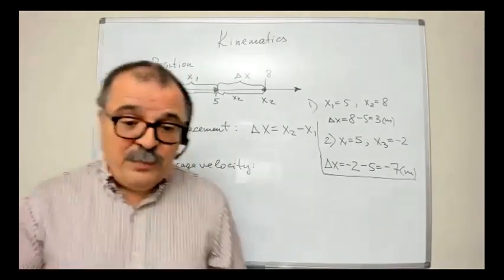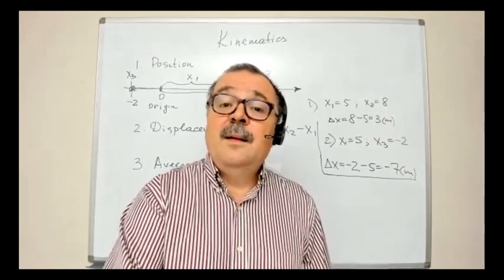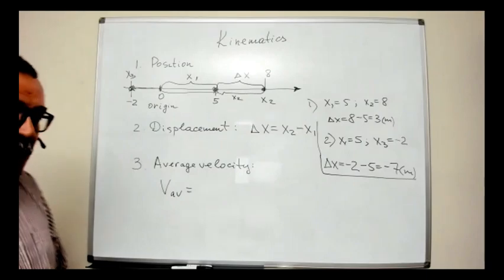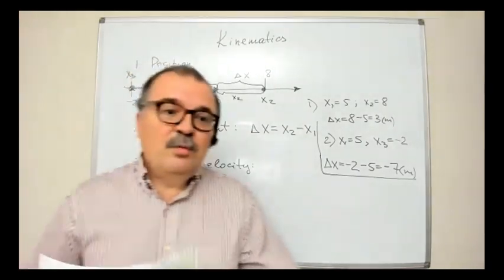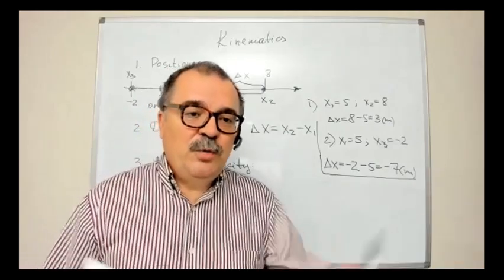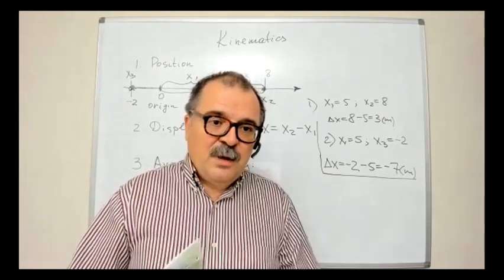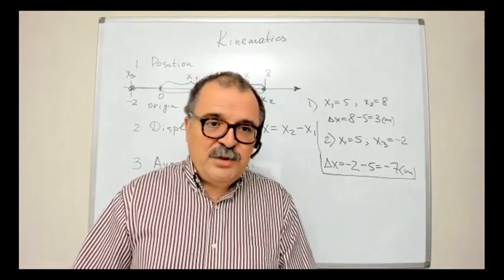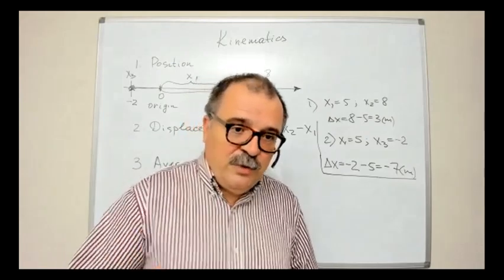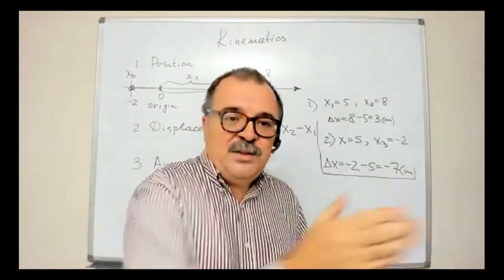So the average velocity is a good example of a property that requires measurements. Typically, if we're trying to measure the velocity of a person who runs from this point to this point, we have a timer, so getting a velocity requires a set of measurements. You have to start the timer at the beginning of the motion of the runner, and then stop the timer at the final destination of the runner.